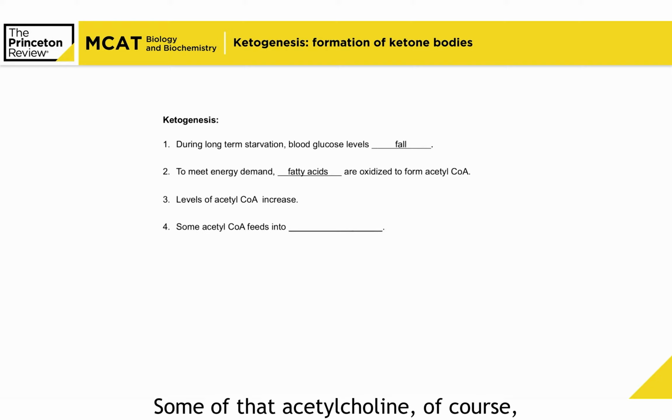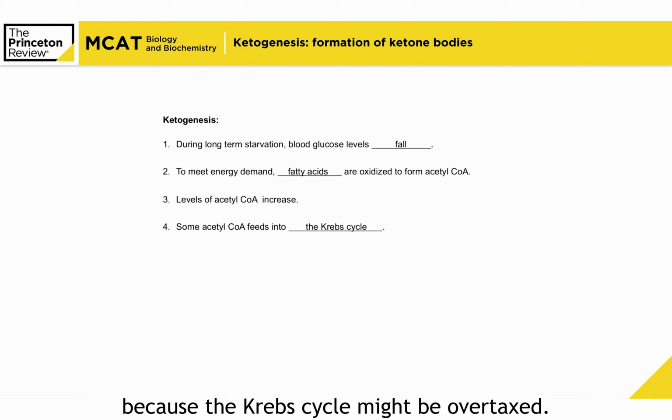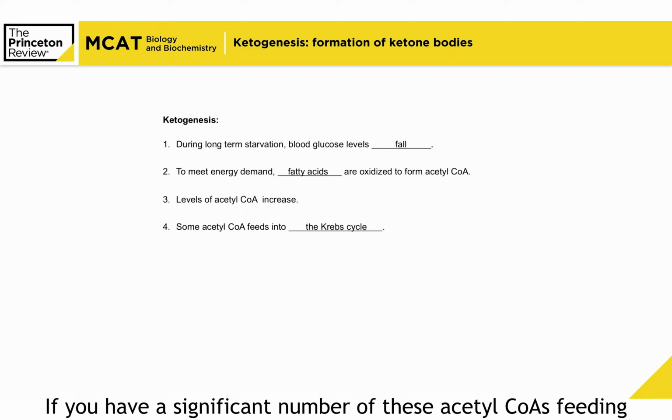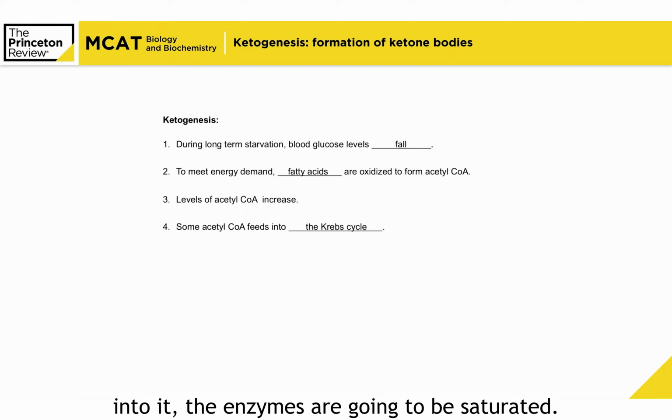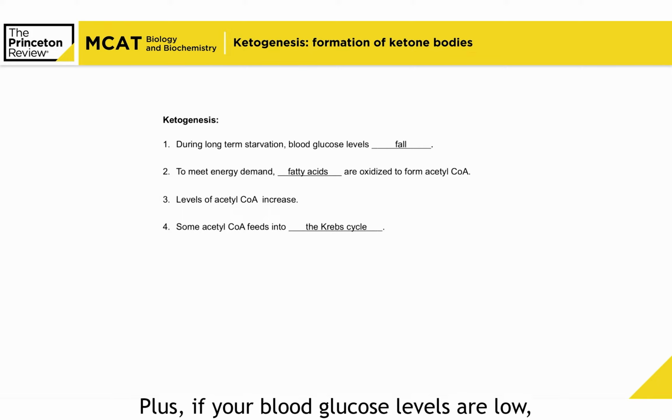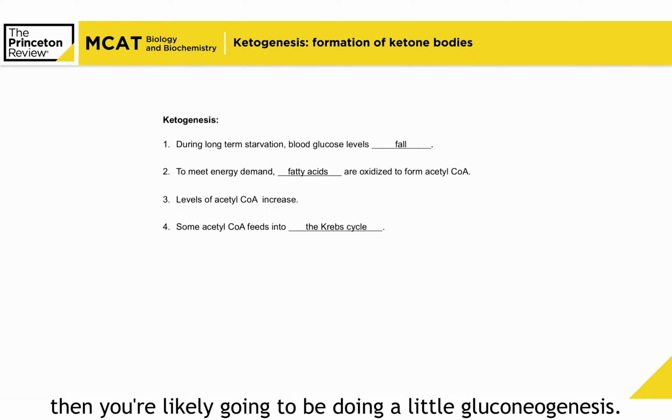Some of that acetyl-CoA, of course, will feed into the Krebs cycle. But some of the acetyl-CoA may not be able to get into the Krebs cycle because the Krebs cycle might be overtaxed. It might be running as fast as it could. If you have a significant number of these acetyl-CoAs feeding into it, the enzymes are going to be saturated. Plus, if your blood glucose levels are low, then you're likely going to be doing a little gluconeogenesis.